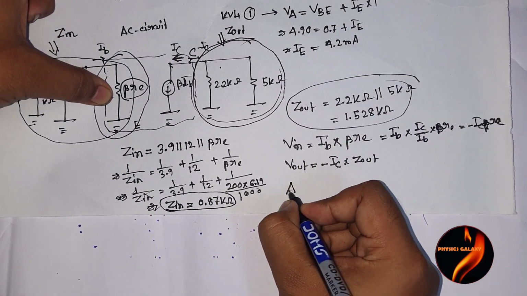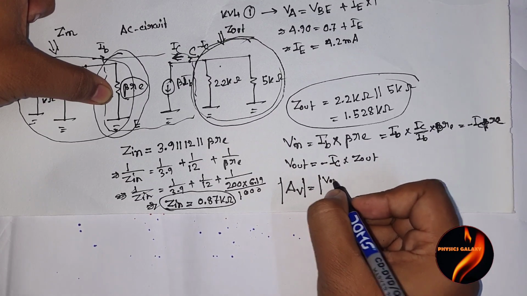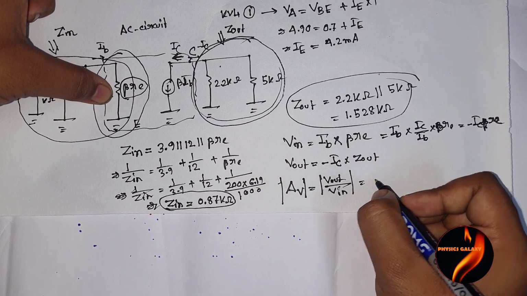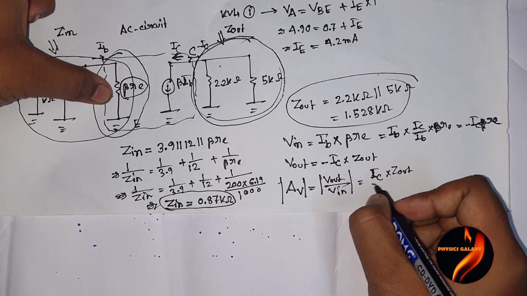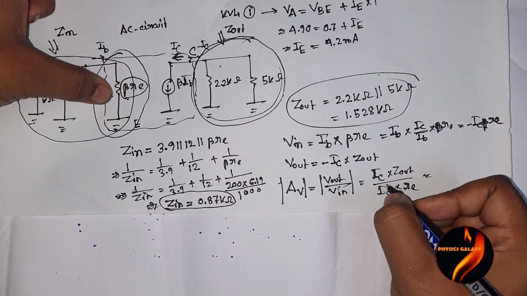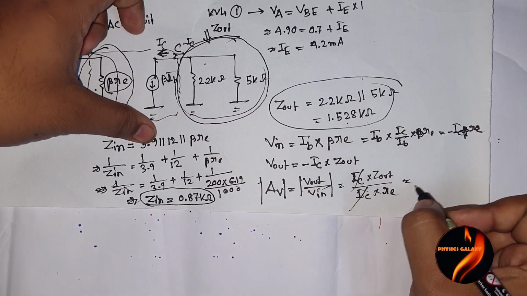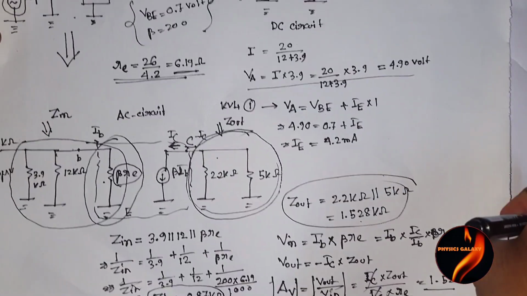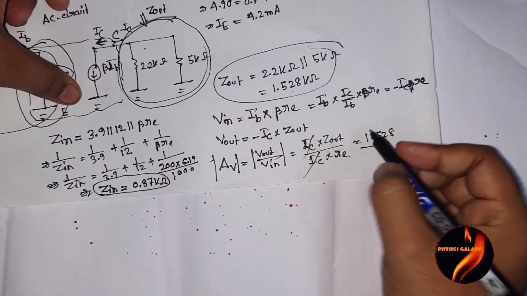So the voltage gain, taking the mod value, is V out divided by V in, meaning IC Z out divided by IC RE. We cancel out the ICs. Z out in this problem is 1.528, and RE is 6.19.